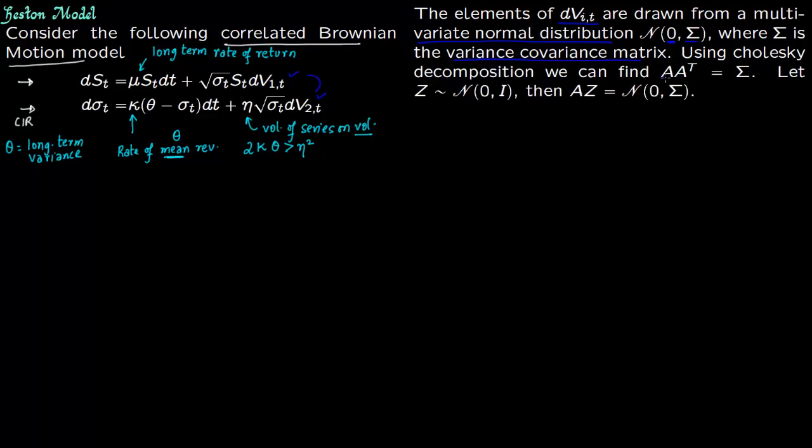And as you know, this is important because now you can take a random variable from normal 0 1, multiply it with this A, and you will get a random variable with mean 0 and variance covariance matrix sigma.